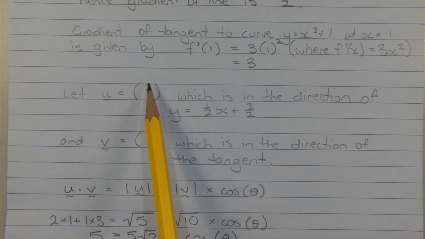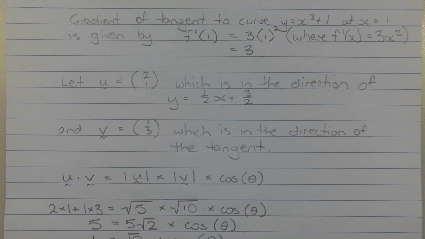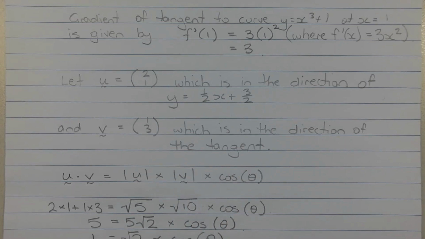So that's the product of the x components, 2 times 1, plus the product of the y components, so that's 1 times 3. And the magnitude of vector u is the square root of 5, if we use Pythagoras' theorem. The magnitude of vector v is the square root of 10, so that's 3 squared plus 1 squared is 10, take the square root of that, and that's how we get the square root of 10, multiplied by cos theta.